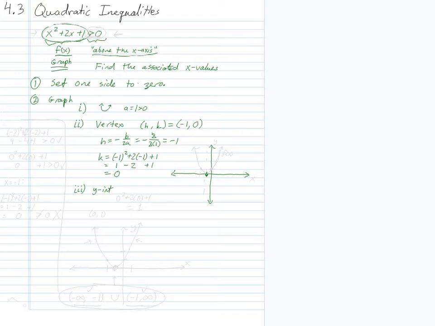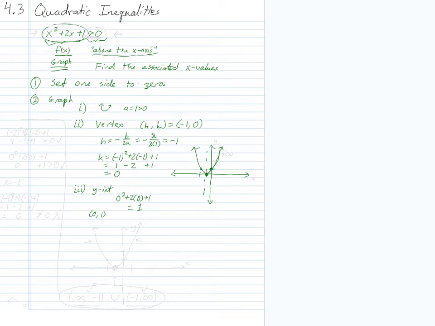If we plug in 0 for x, we're going to get 0 squared plus 2 times 0 plus 1, which gives us 1. So our y-intercept is located at 0, 1, right there. And so our parabola opens upward, passes through that point. We have our axis of symmetry. So we have this other point on the other side, negative 2, 1. Okay, so that's our parabola. Smooth it out a little bit.